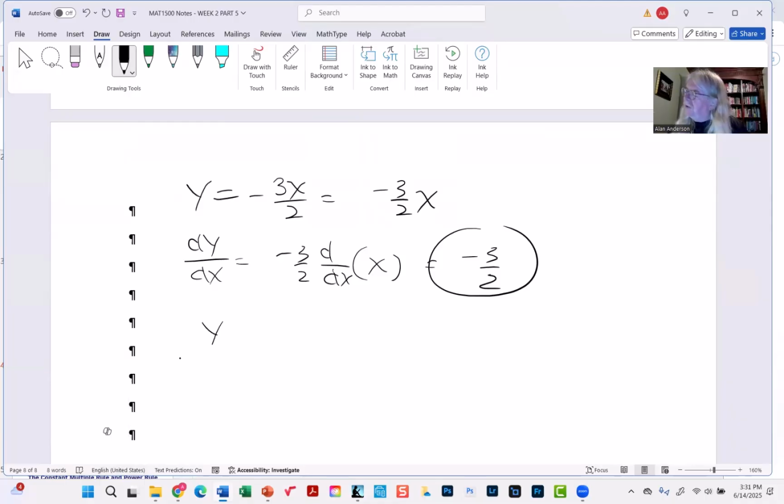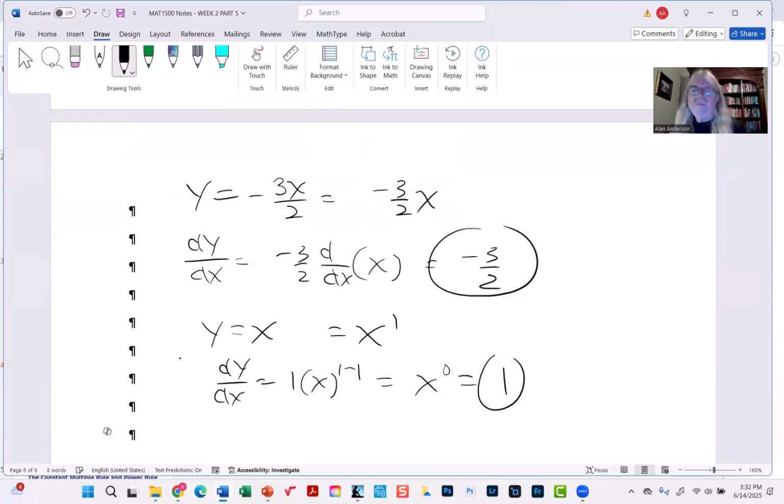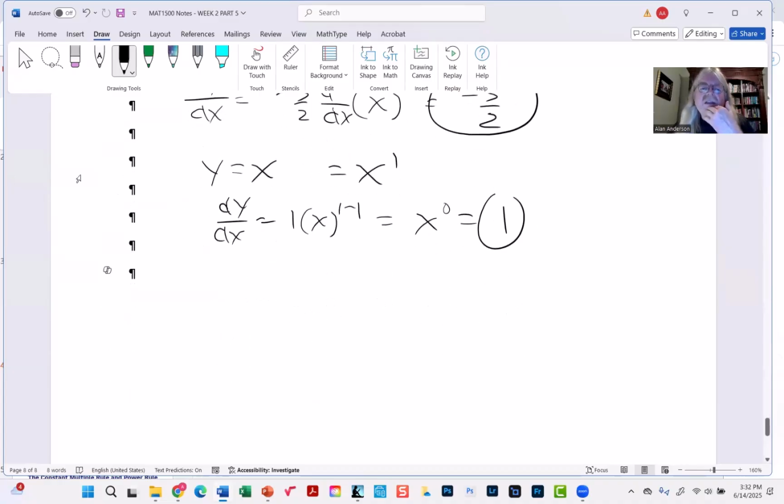If y equals x, there's an implicit 1 for the exponent. So dy dx using the power rule will be 1 times x to the 1 minus 1 power, which is 1. Those are the two special cases you should memorize. The derivative of a constant is 0. The derivative of x by itself is 1. That'll come in very, very handy.